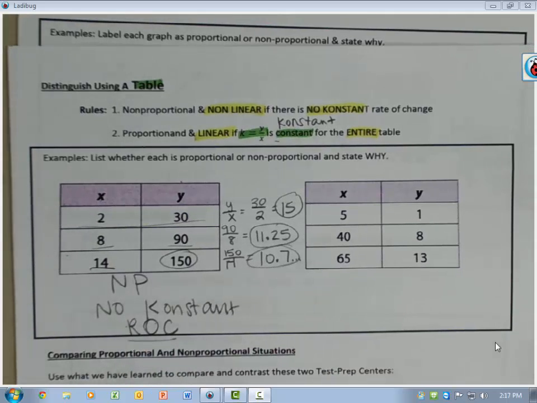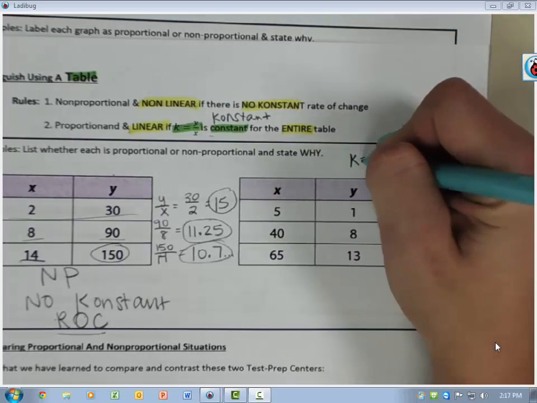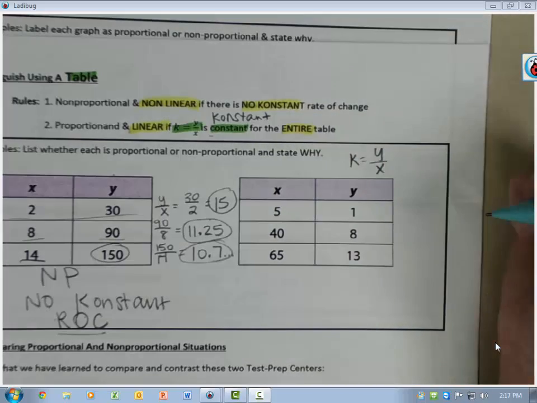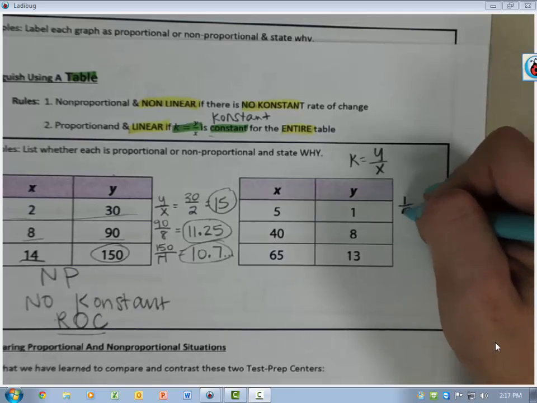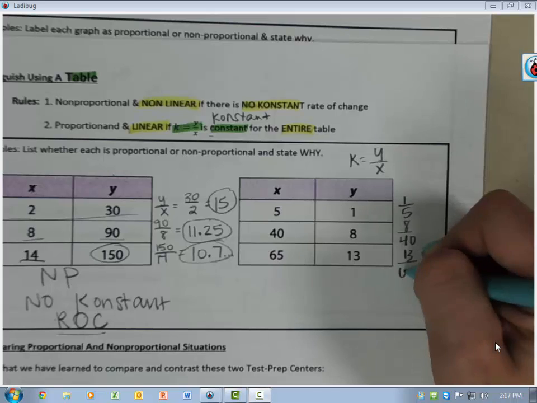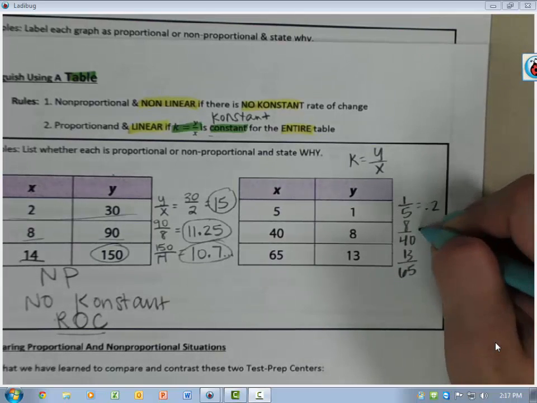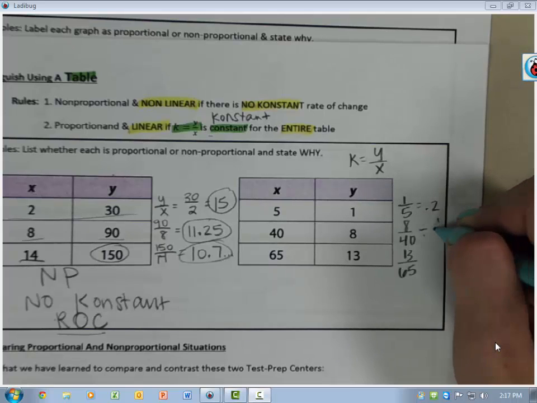Now this next one, to determine what K is, we still have to do Y divided by X. We have 1 divided by 5, 8 divided by 40, and 13 divided by 65. We know this is going to be 0.2. If you simplify 8 over 40 by 8, we get 1/5, which is 0.2.